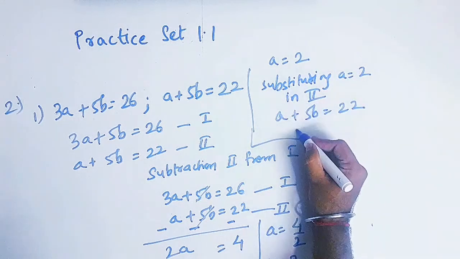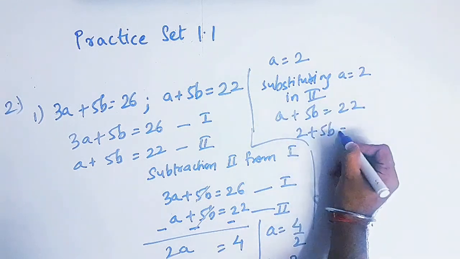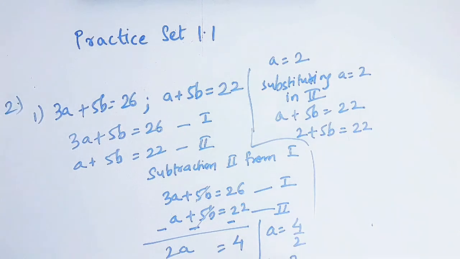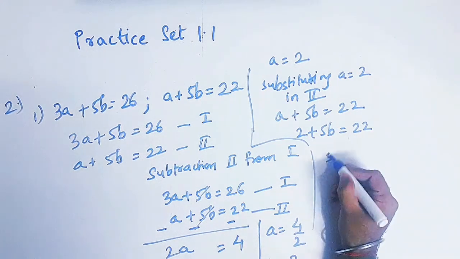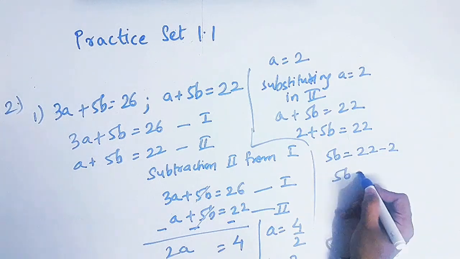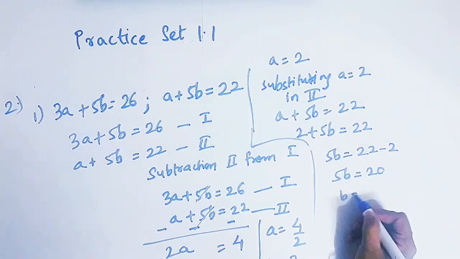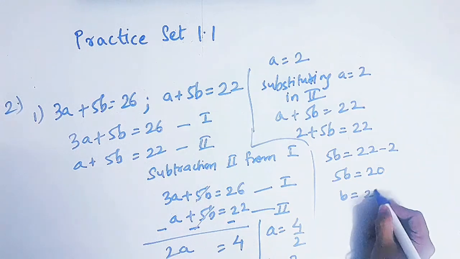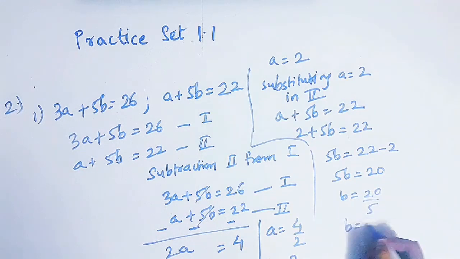Instead of a, you will put 2, plus 5b equals 22. So 5b equals 22 minus 2, 5b equals 20, b equals 20 by 5, b equals 4. So we will write here the solution, first a then b.